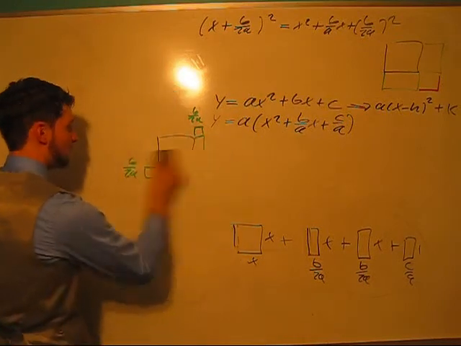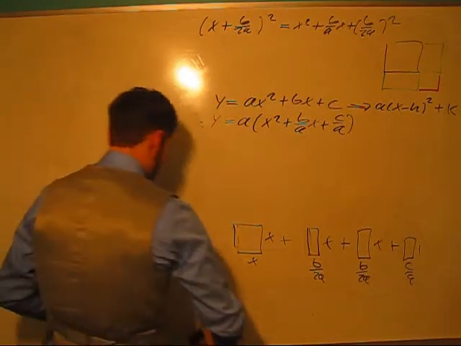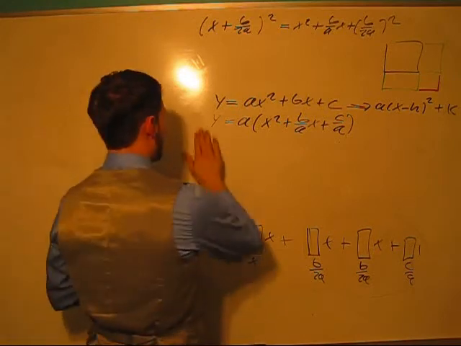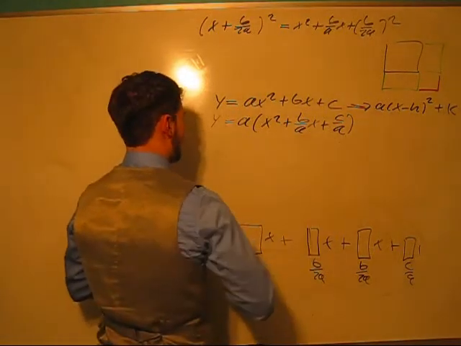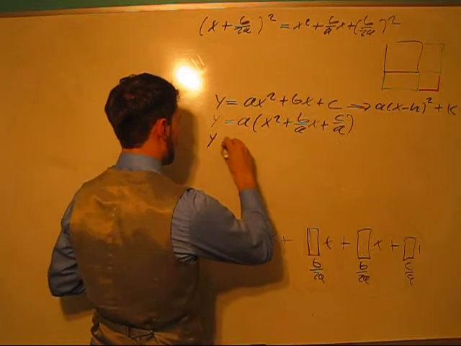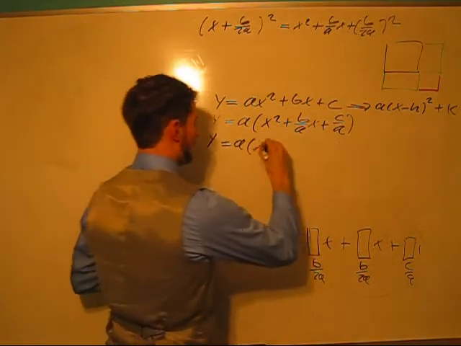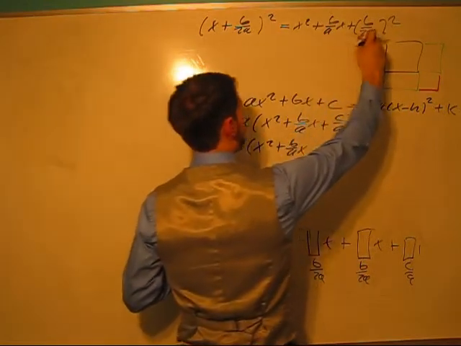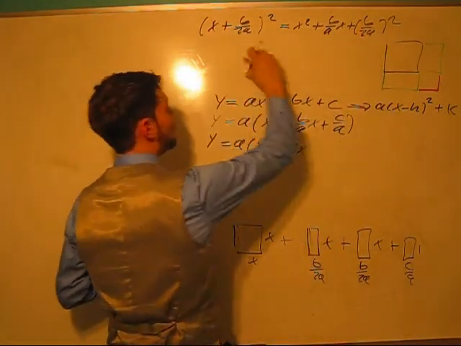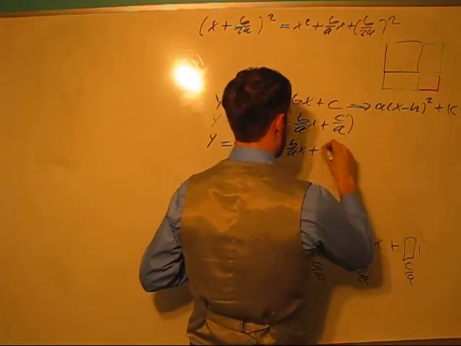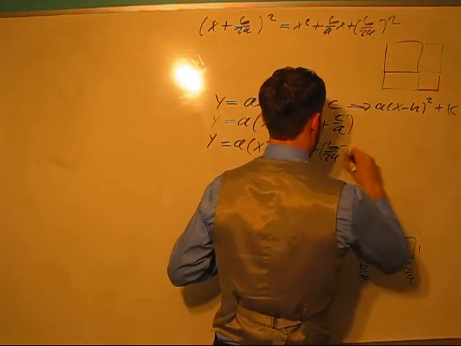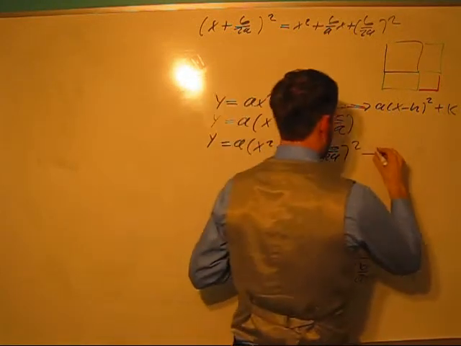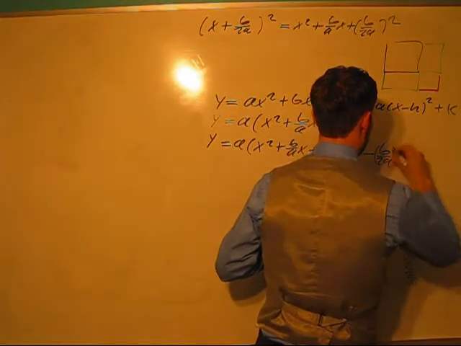And so to do this, what this entails is that we have to be clever, because again, we're only working one side of the equation. So in this case, we would observe that this is y equal to a times x squared plus b over a x. We want to again replicate this such that we can substitute that. To do that, we add b over 2a squared, and then we subtract it, so minus b over 2a squared.